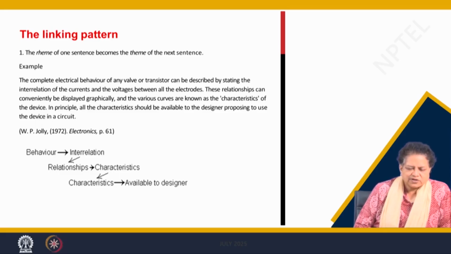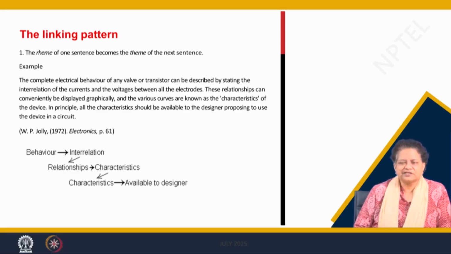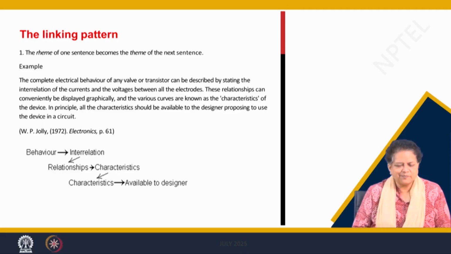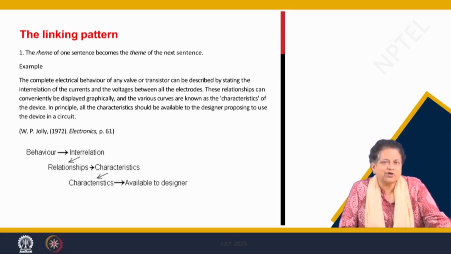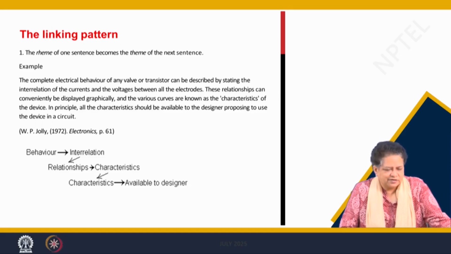So, the theme of one sentence becomes the theme of the next sentence, and therefore, the linking pattern is essential. Example, this paragraph from W. P. Jolly, 1972, Electronics, page 61.